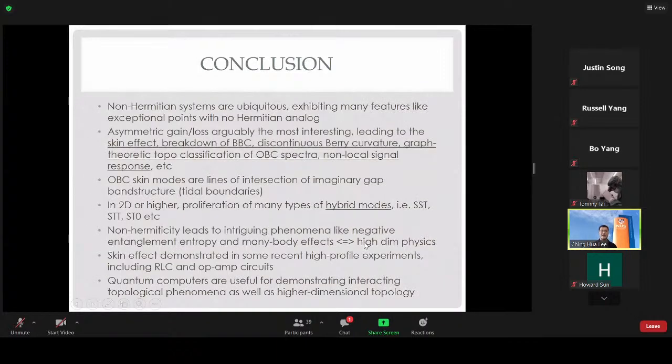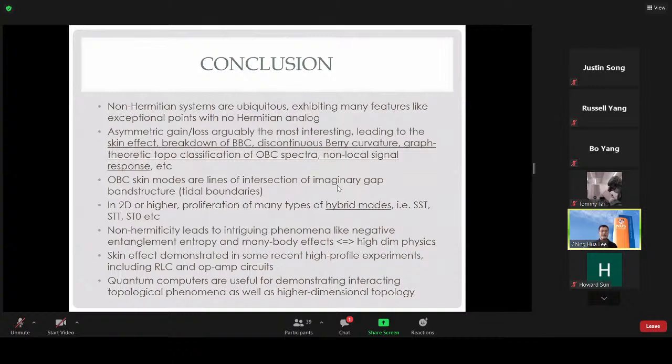To sum up, non-Hermitian systems are all around us, and the non-Hermitian skin effect leads to a lot of interesting phenomena like discontinuous Berry curvature and non-local signal response. It also leads to new types of nodal structures and hybrid modes.